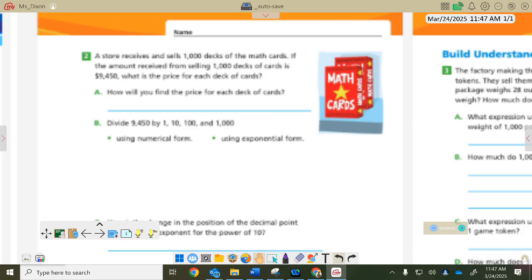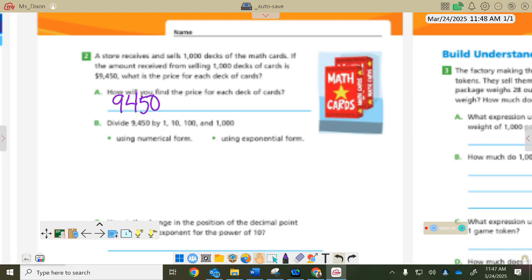What could you do to find your answer? What did you earn? Price, yes. Other way. Take your total. You were right the first time.